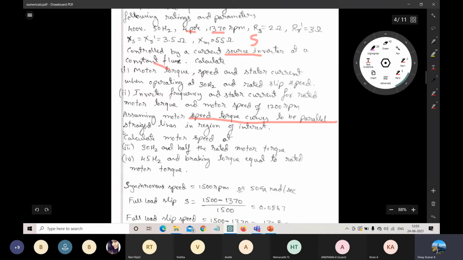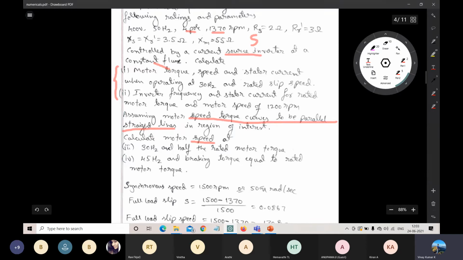In this condition, we need to calculate the motor speed, that is for 30 Hertz and half rated motor torque, and 45 Hertz braking torque equal to rated motor torque. So we will first find these two models, that is motor torque, speed and stator current.